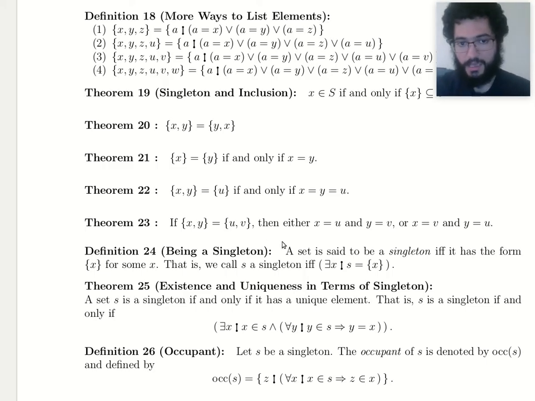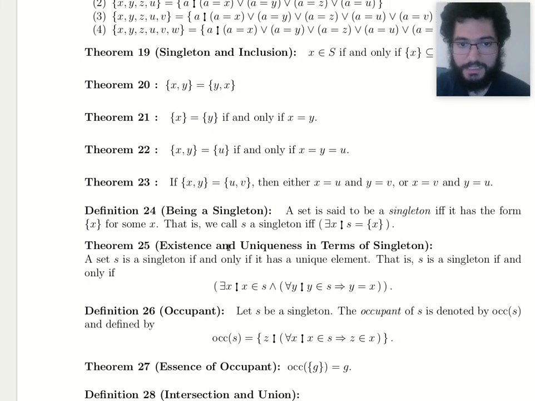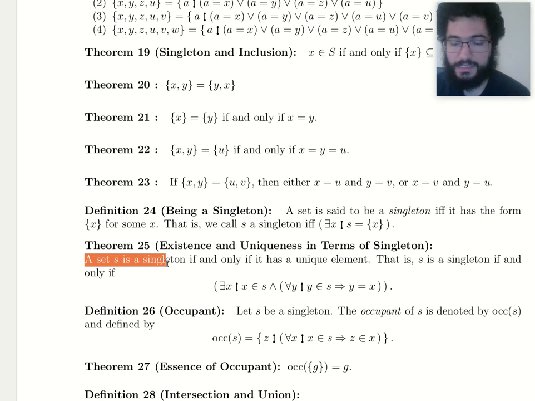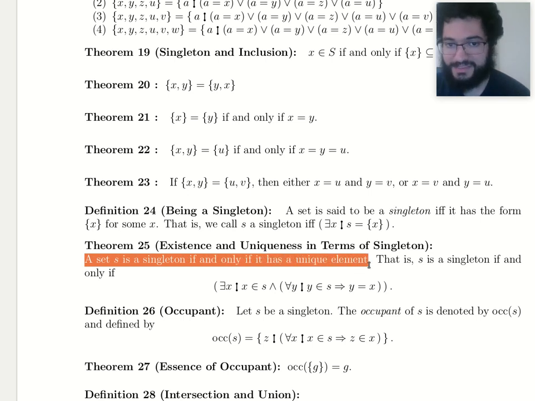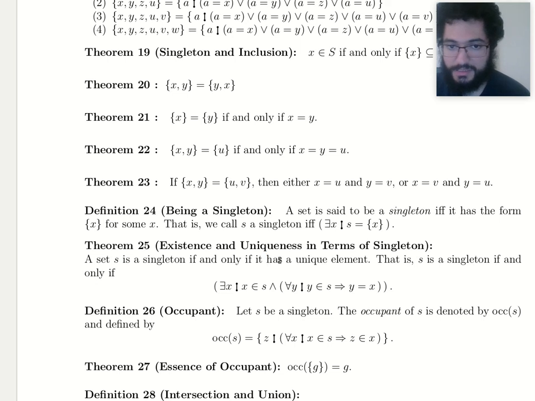Now, I have a nice way to actually prove that something is a singleton rather than having to work with the definition of singleton directly. Theorem 25, which we proved before in lecture: a set is a singleton if and only if it has a unique element. Having a unique element, so S has a unique element, is formally expressed like this, by this statement.